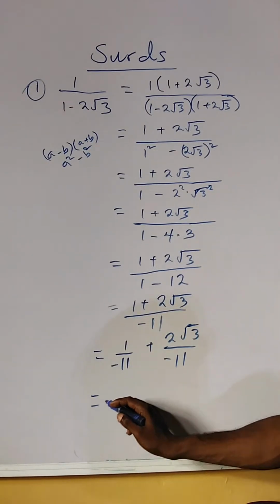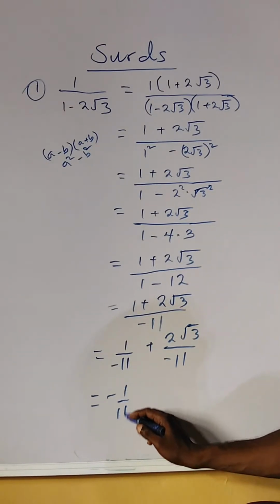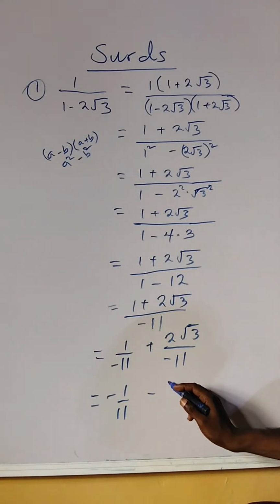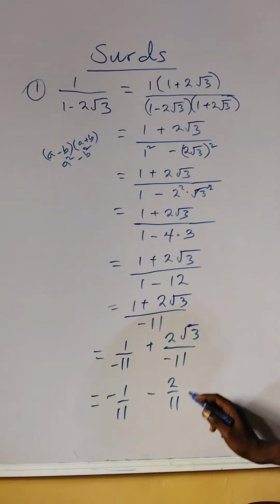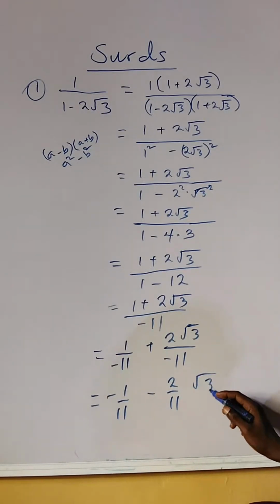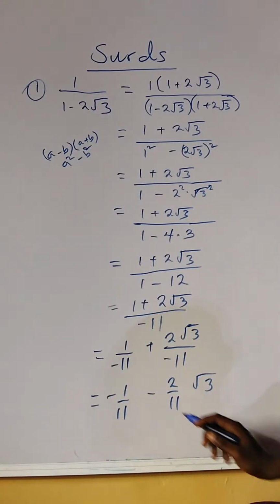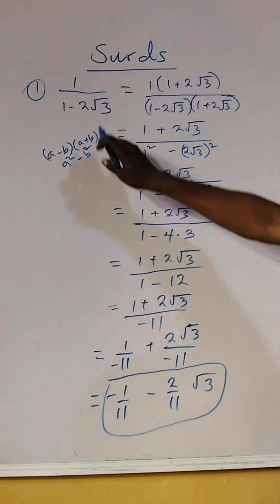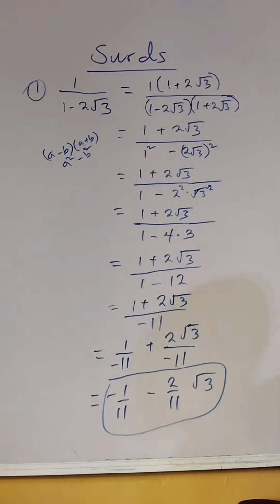We can write this as minus 1 over 11, then plus over minus, that's minus, so we have minus 2 over 11 root 3. That is, here we have a simplified form of this surd problem, which implies we have already rationalized this surd.